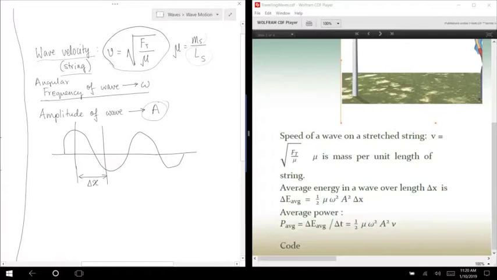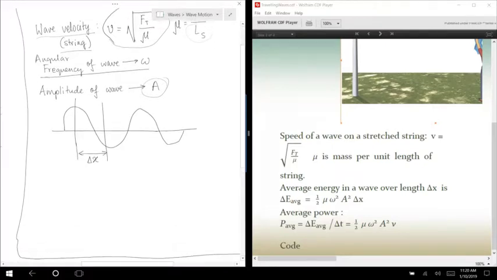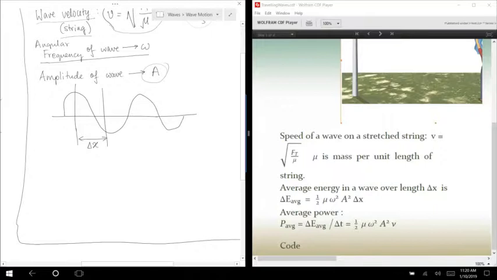Now you can kind of imagine that if there is a wave, there's something that is oscillating, so that oscillating object probably has some energy. So how do we measure the energy for a wave on a string? It turns out that this energy will depend on how much length of the string or length of the wave that you're considering.